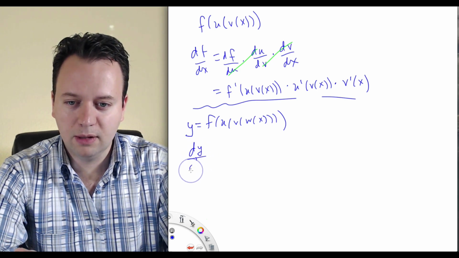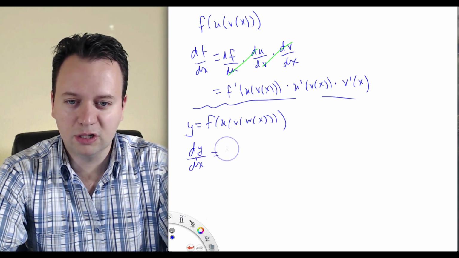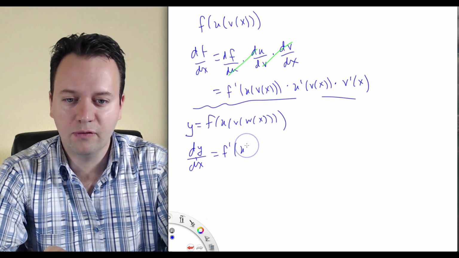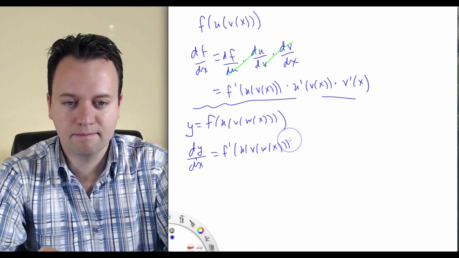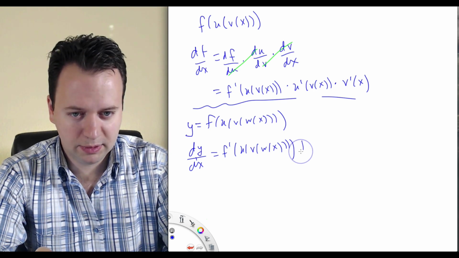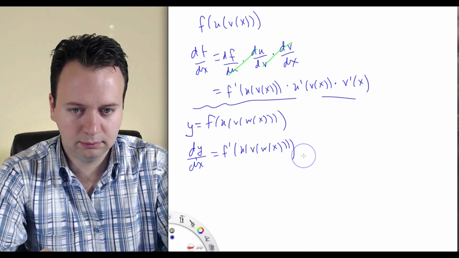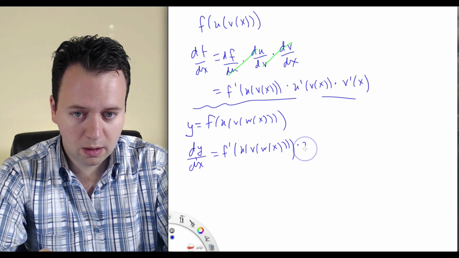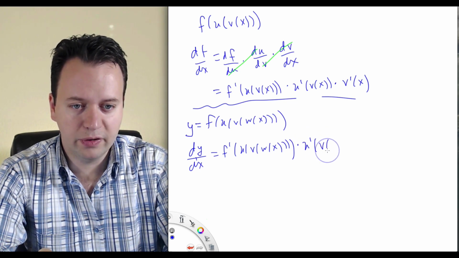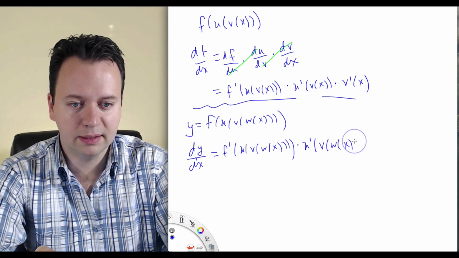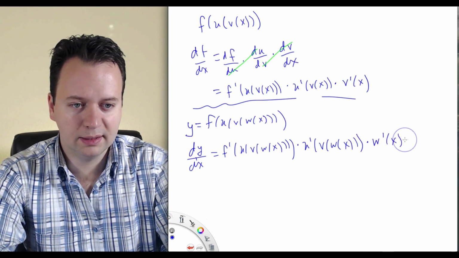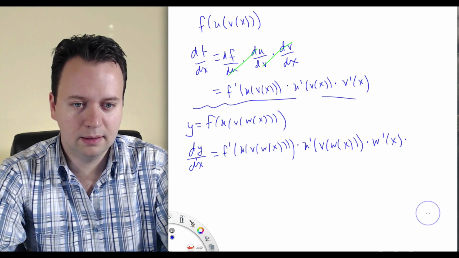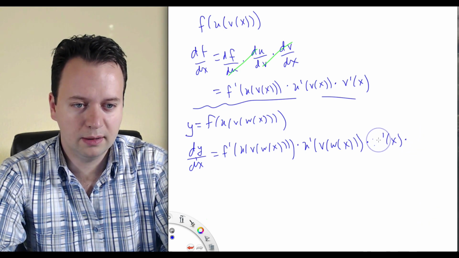Let's do it. dy dx would just be f prime of u of v of w of x times u prime of v of w of x, times, I skipped the v, right?